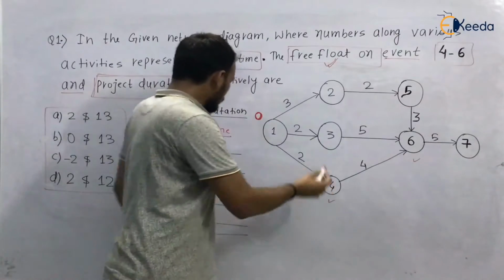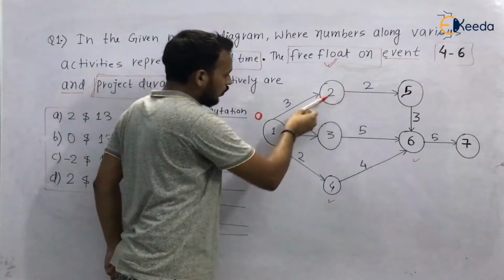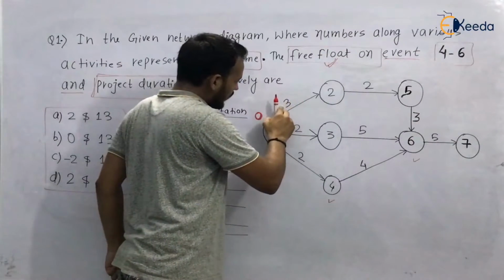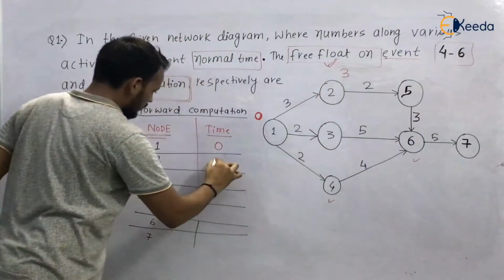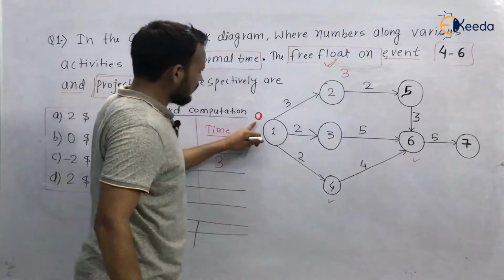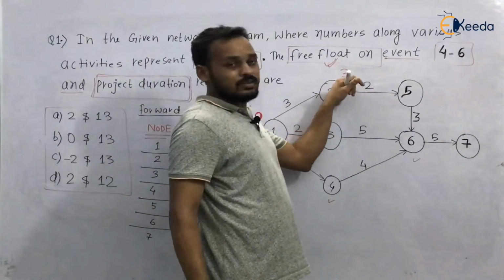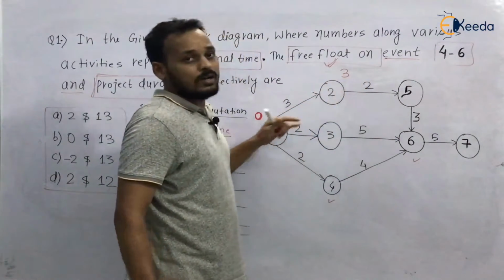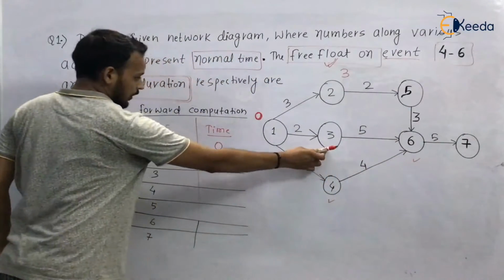Now we will reach node number 2 via this activity. So 0 plus 3, the time is 3. These are our early start and early finish times. Early start time and early finish time are calculated during forward computation. Now we will go to node 3.